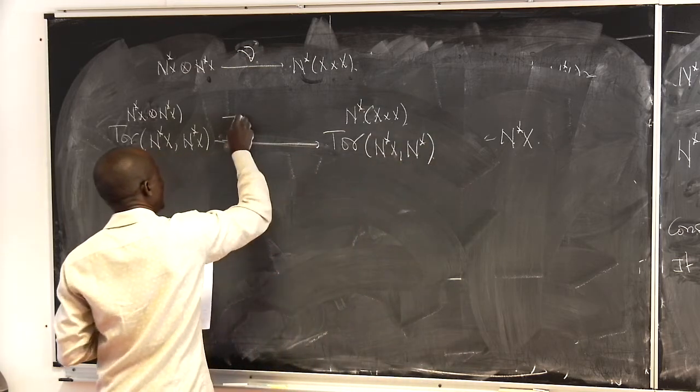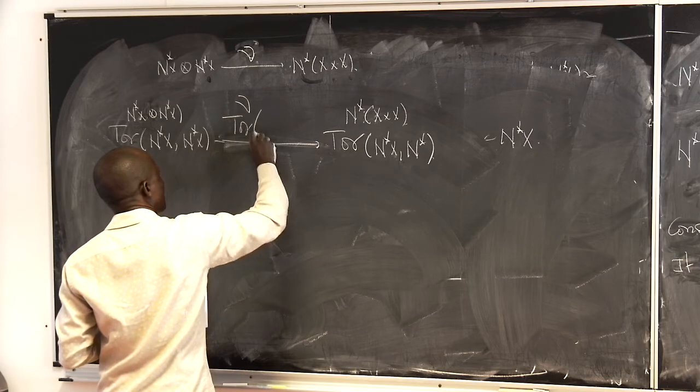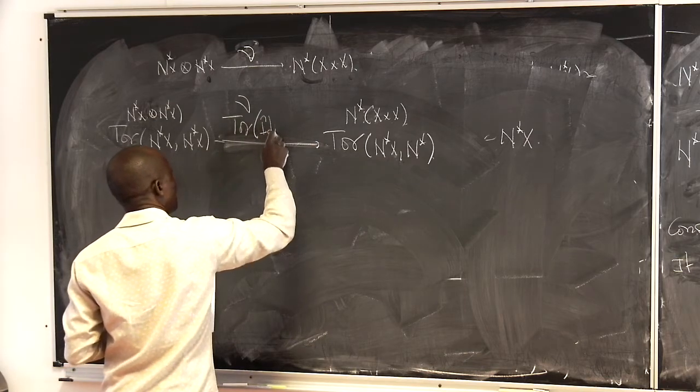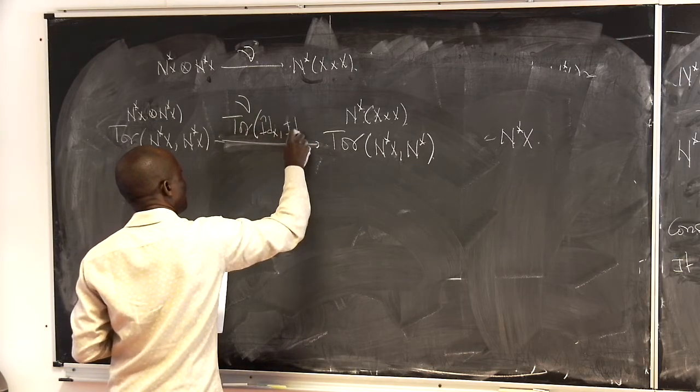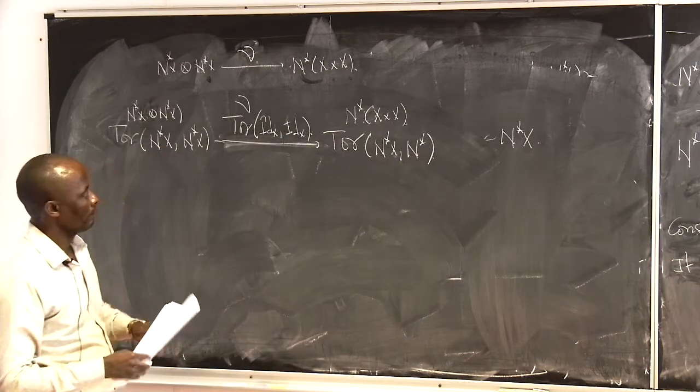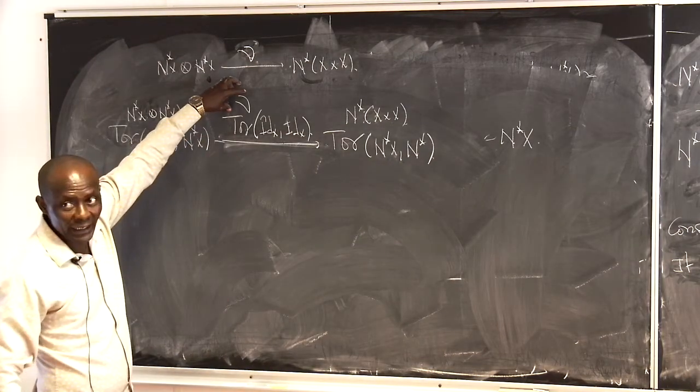The map here, nu, is a quasi-isomorphism.